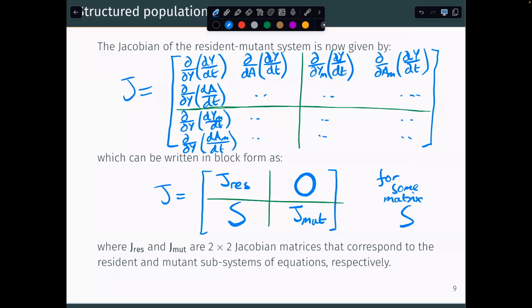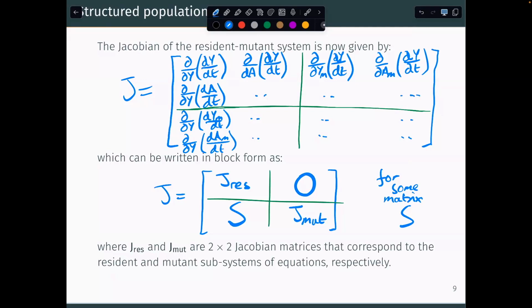Now, because we can write this Jacobian for our resident mutant system in this block form, where one of these matrices up here is just zeros, that means through some linear algebra, the eigenvalues for our resident mutant system, evaluated at our resident equilibrium, are going to be the union of the eigenvalues of this submatrix and this submatrix down here.